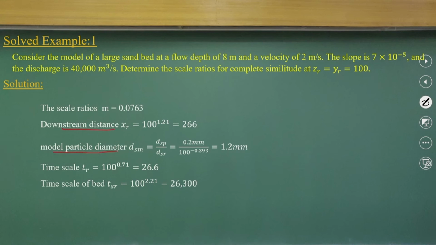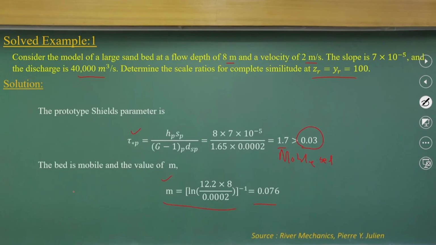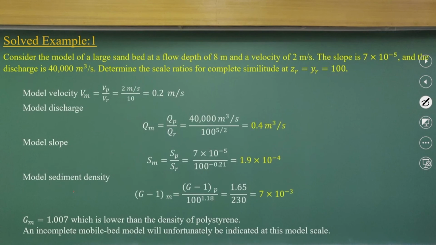We know the prototype is 0.2 mm, and you can compute the model particle diameters, the time scale for the bed, and the time scale for this component. Once you compute this, you can go for the velocity ratio.